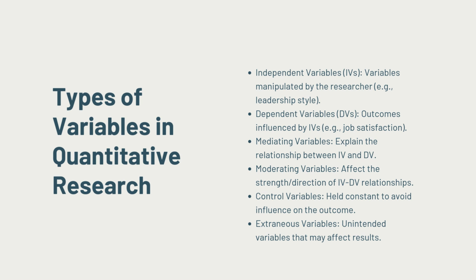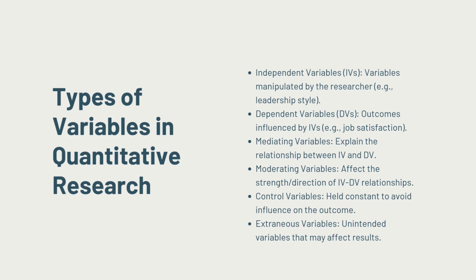Second is dependent variable or the DV. These are the outcomes you're measuring, and they're dependent on the changes in the independent variable. Continuing with our leadership example from the independent variables, the dependent variable might be employee productivity or job satisfaction.